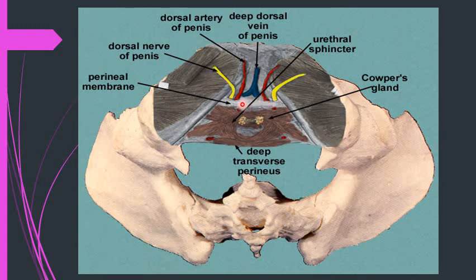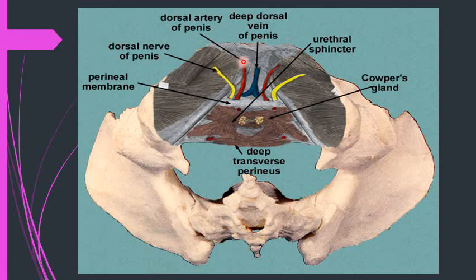So now see here the most anterior area, where there is a gap between the anterior-most margin of the perineal membrane and the inferior pubic ligament. This is transmitting certain arteries and veins as well as nerves through that gap.